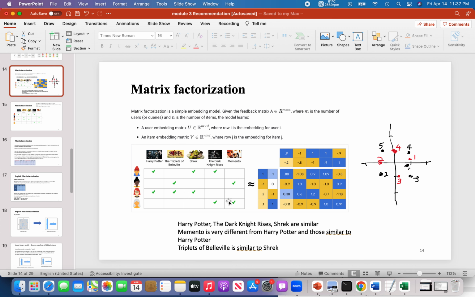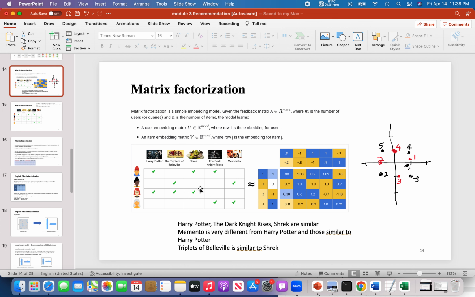It's an action movie that's different from Harry Potter and Triplets of Belleville. So its location is negative 0.9 on the x-axis and 1 on the y-axis. This is movie number 5. So here we have movies number 1, 2, 3, 4, and 5.